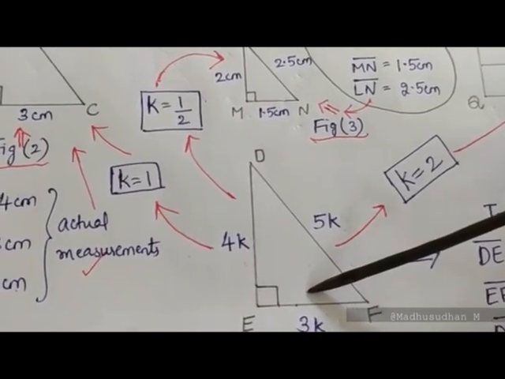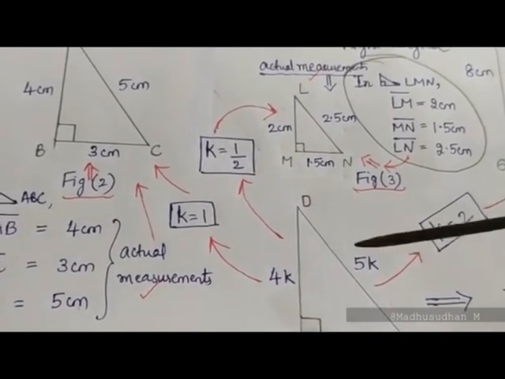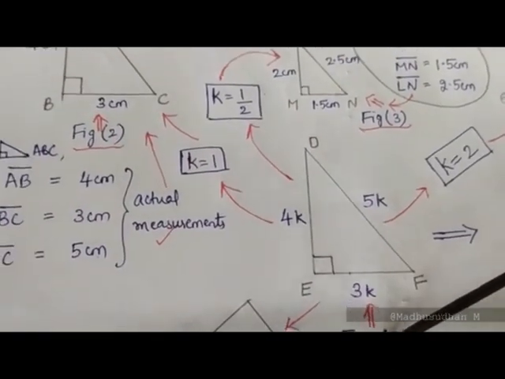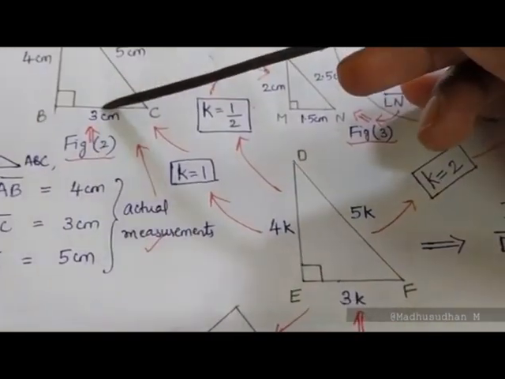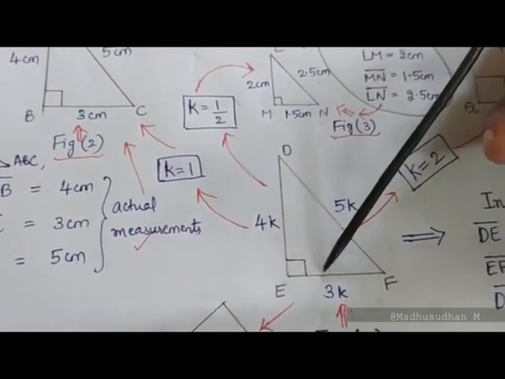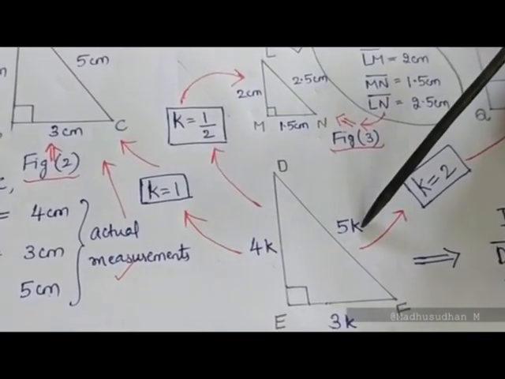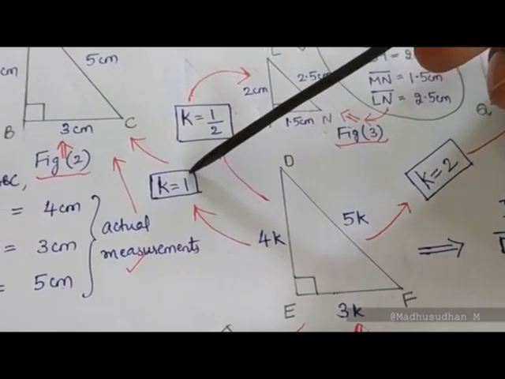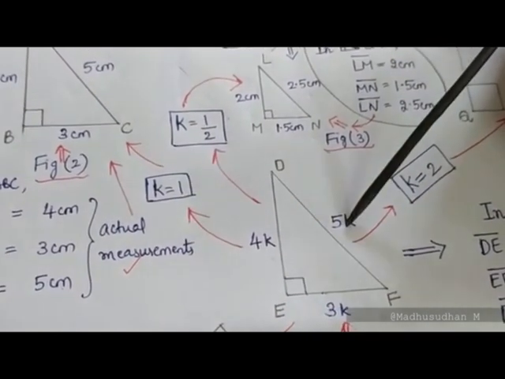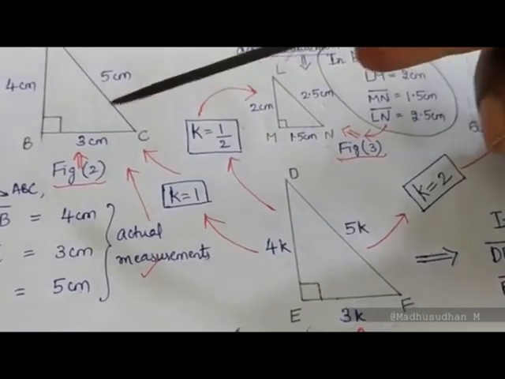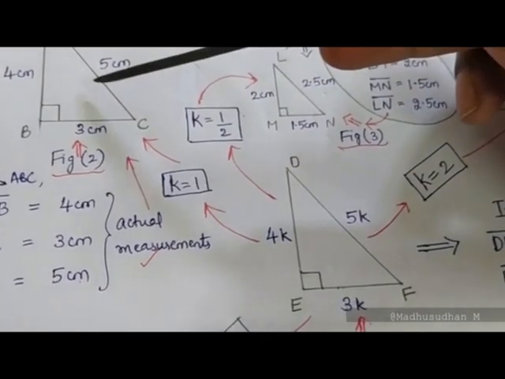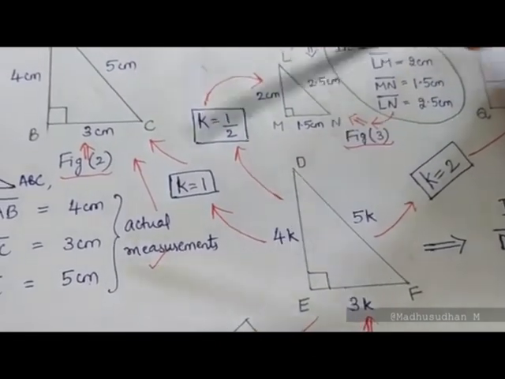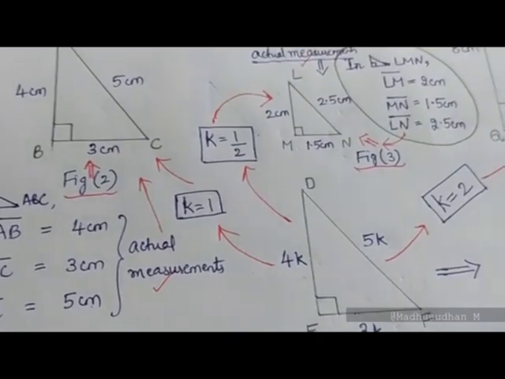Followed it, children? Now, if I compare this figure 1 with figure 2 here, only if k is exactly equal to 1, I can find these two triangles exactly the same, right? 4 centimeter DE is the same as AB 4 centimeter.